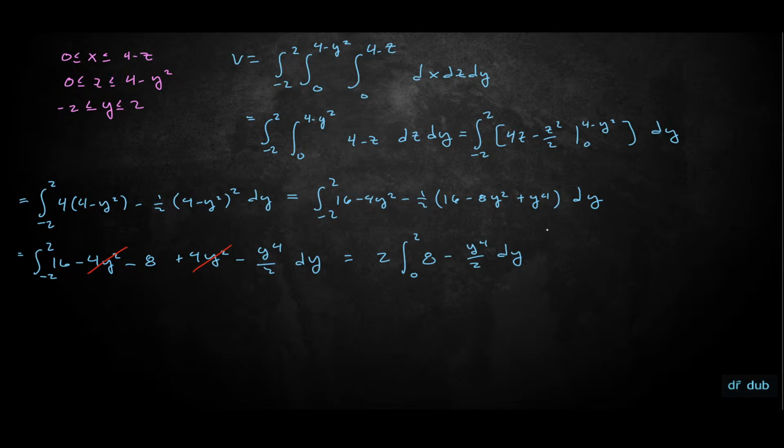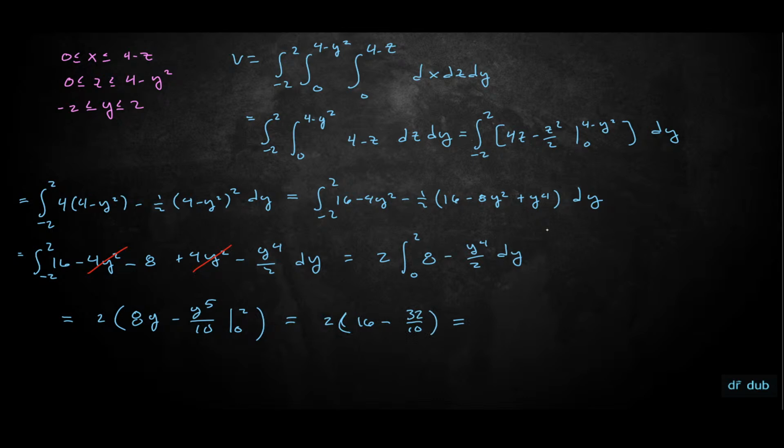And that's going to be 2 times 8y minus y to the 5th over 10 from 0 to 2, which is going to be 2 times, let's see, 16 minus 32 over 10.